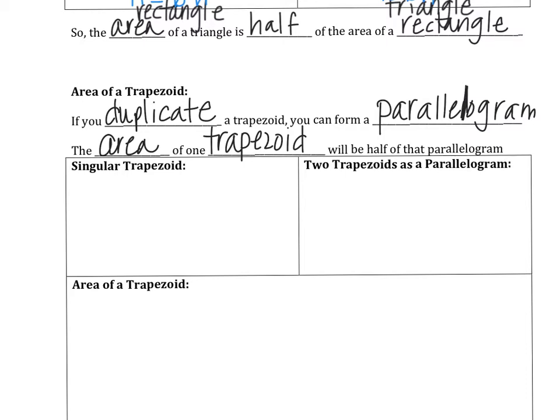So if we have a trapezoid, height, height, this is B1, base 1, B2, base 2, and then two trapezoids form a parallelogram.